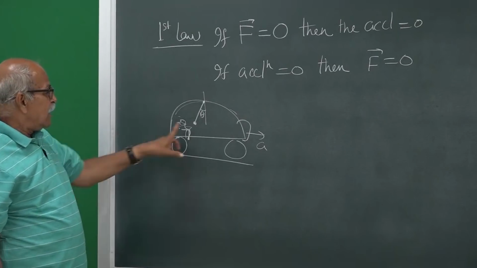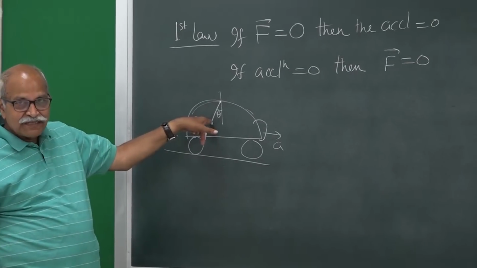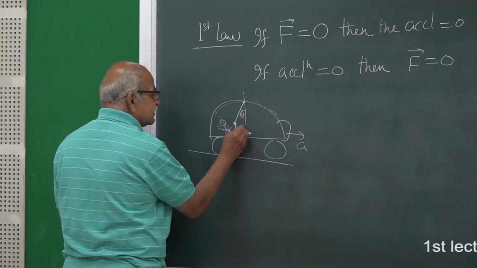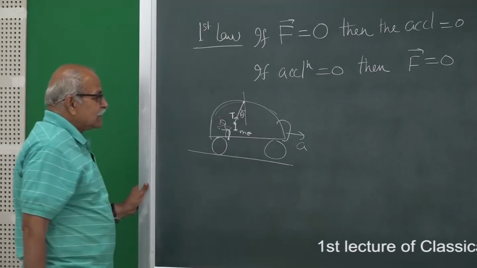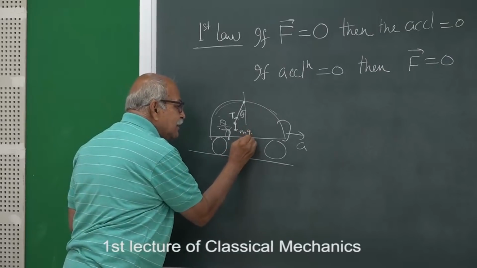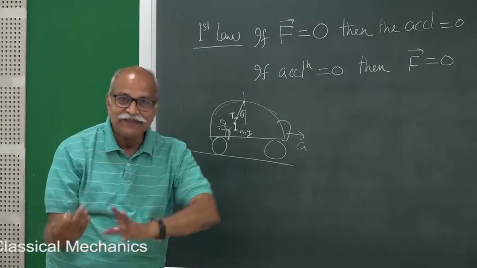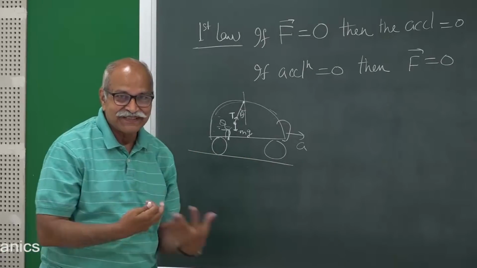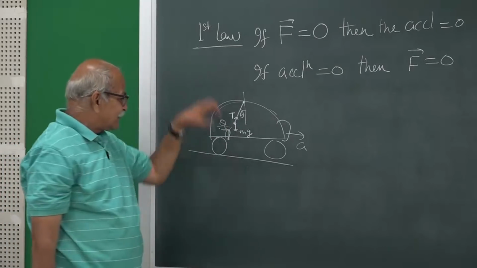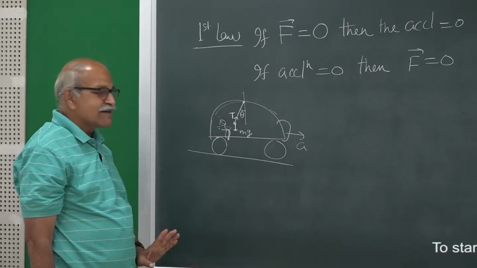Now, if I think of this bob of the simple pendulum, what are the forces? The forces are its weight mg and the tension T. These are the two forces, because force is always exerted by some object on some other object, that is how force is conceived. The earth attracts everything, including the bob, and that force is mg in the vertically downward direction.